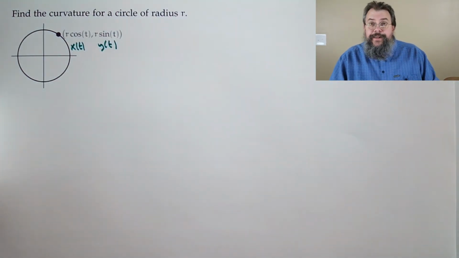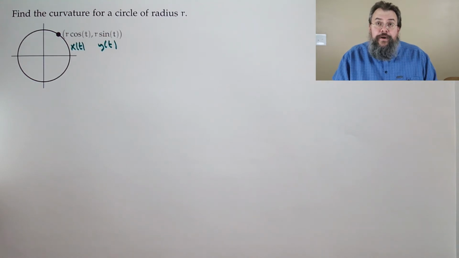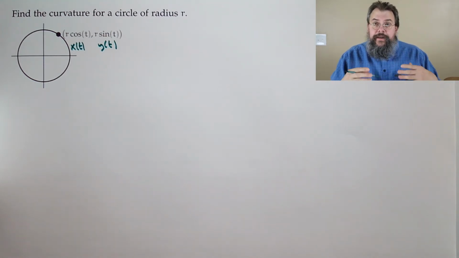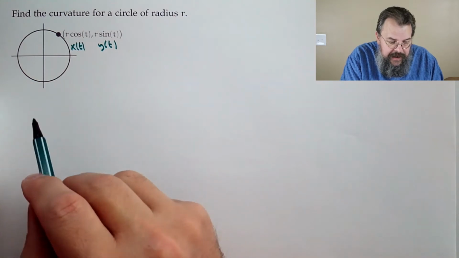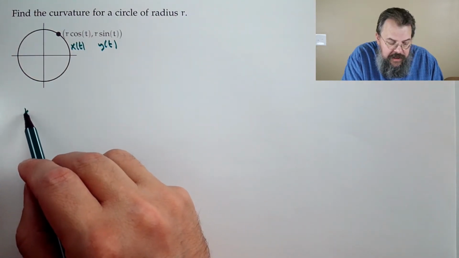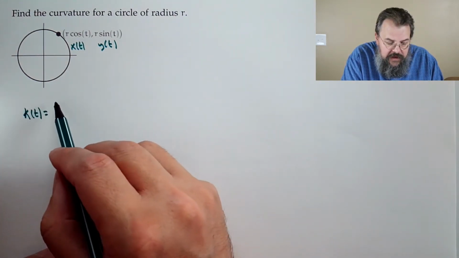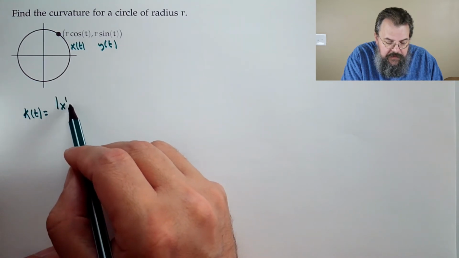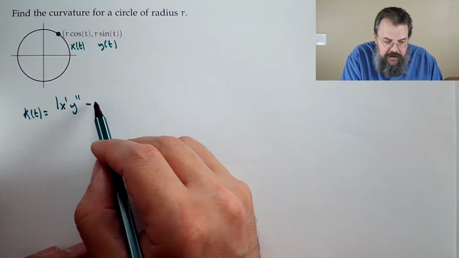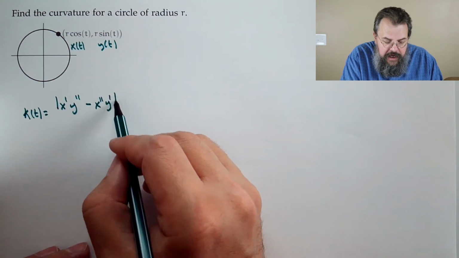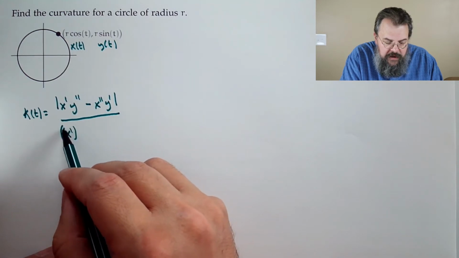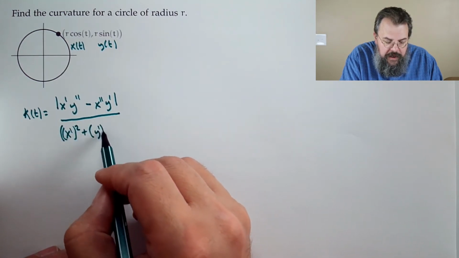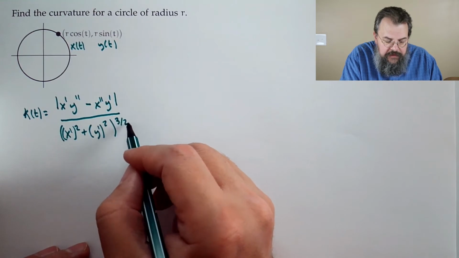Now if we go back and look, we actually have a formula for how to do things in two dimensions when we have things like x of t, y of t. You can either rederive it, or you can look in your notes. I'm going to look in my notes, and I say, aha, in this case we get the following. Kappa of t is the absolute value of x prime y double prime minus x double prime y prime, divided by x prime squared plus y prime squared, to the 3/2.